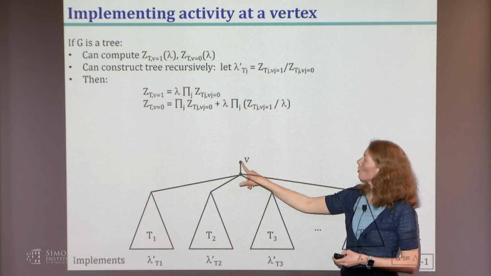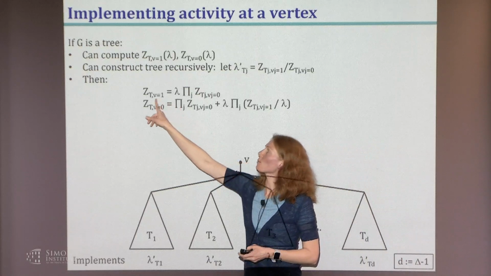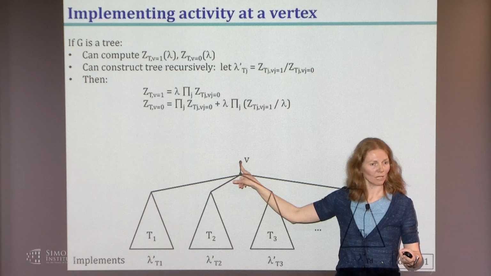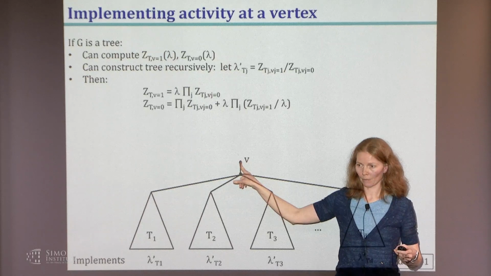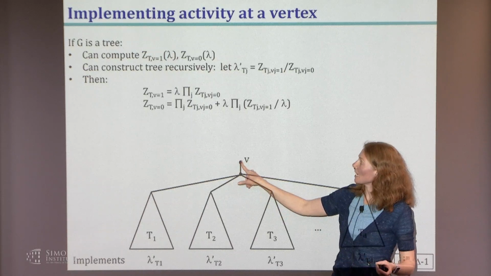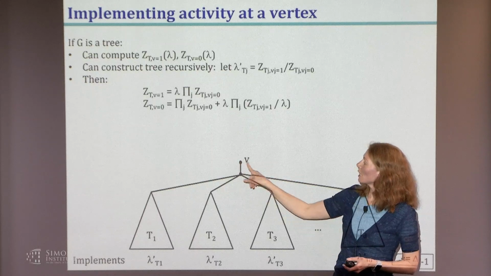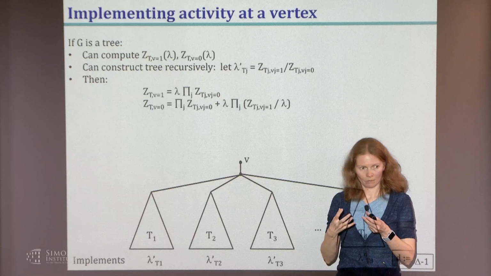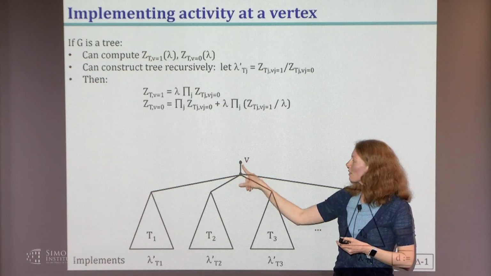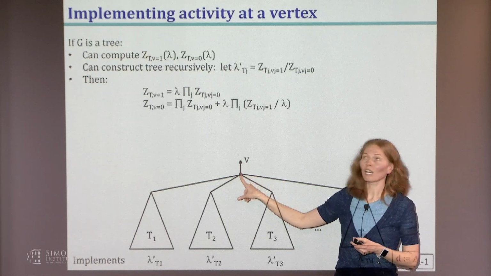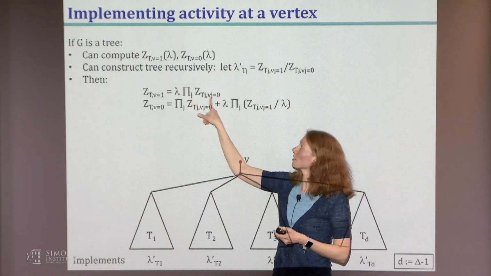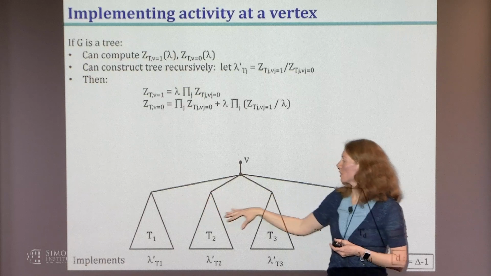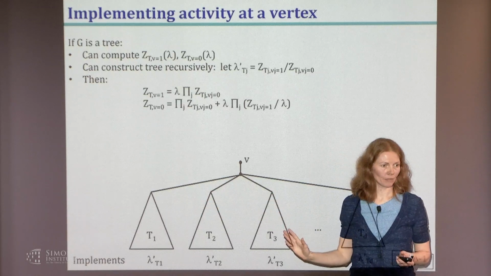We can look at the contribution to the independent set polynomial when this new vertex v is in an independent set or if it's out. So if the new vertex is in, what is the contribution? It means that it is getting a factor of lambda, and then it means that all of these neighbors have to be out, so we are just taking a product of the out options for the smaller trees.